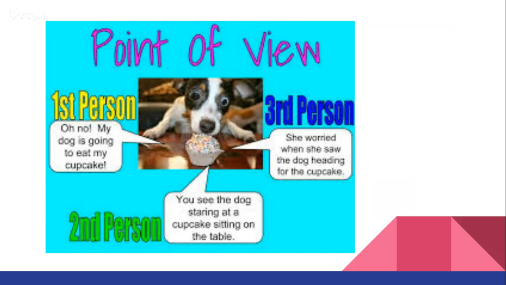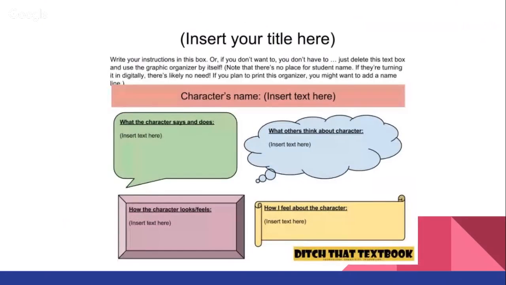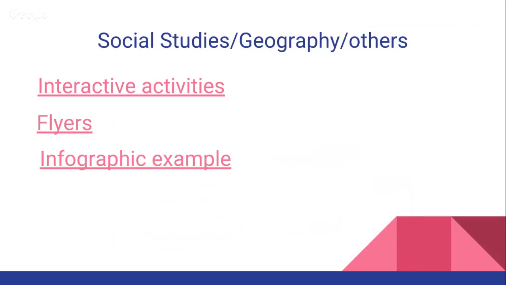So another idea. This one again is one I got from an example from Google. You could have it already ready for them or have them create their own when talking about different characters. What else?